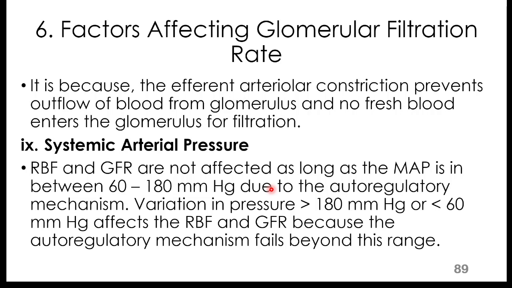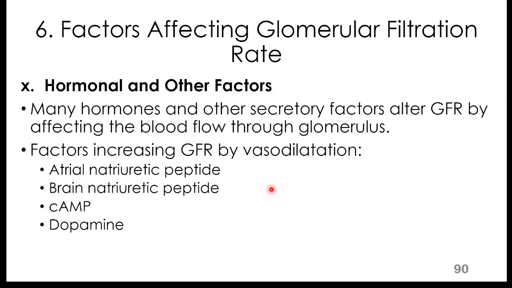And if the systemic blood pressure was too low, lower than 60 mean arterial pressure, then the autoregulatory mechanisms will also fail, and that will lead to a GFR that is too low, and it also causes damage to the kidney and its function. Now, there are hormonal factors that also affect glomerular filtration rate.